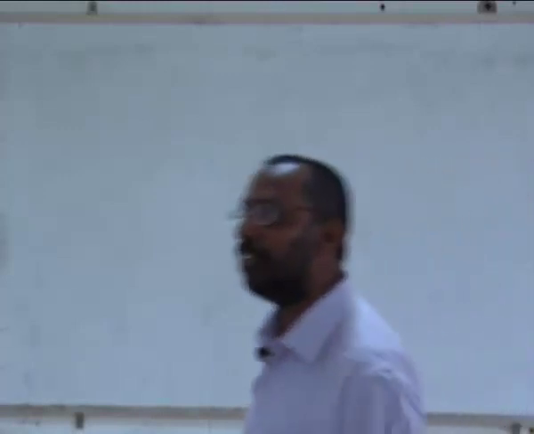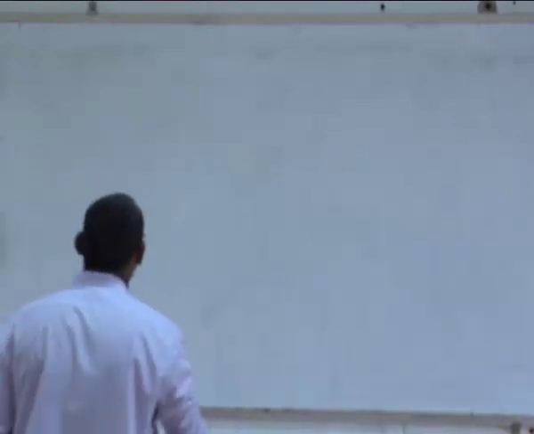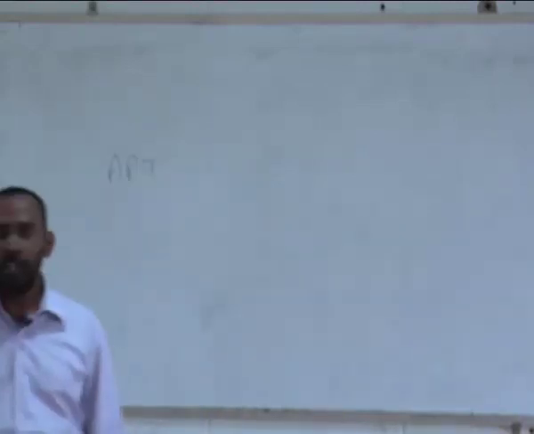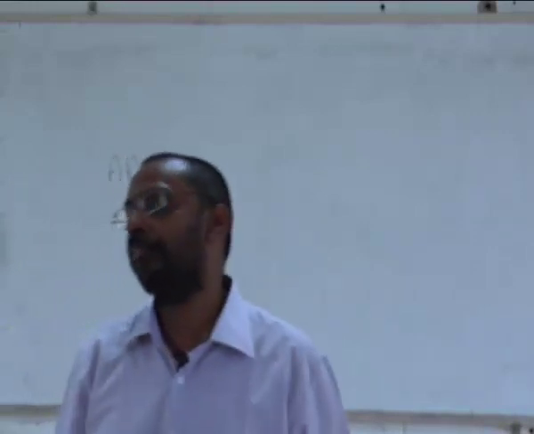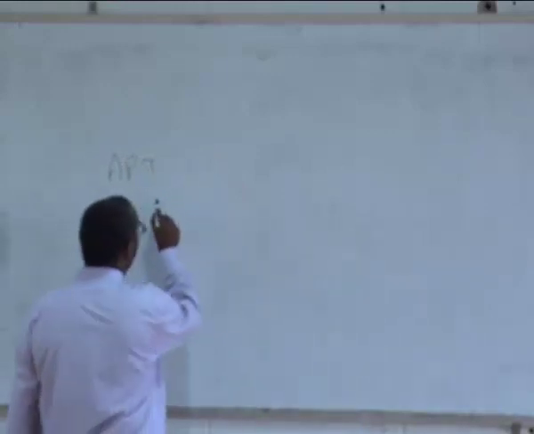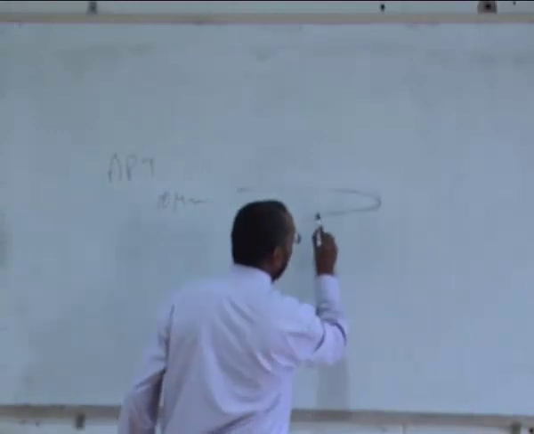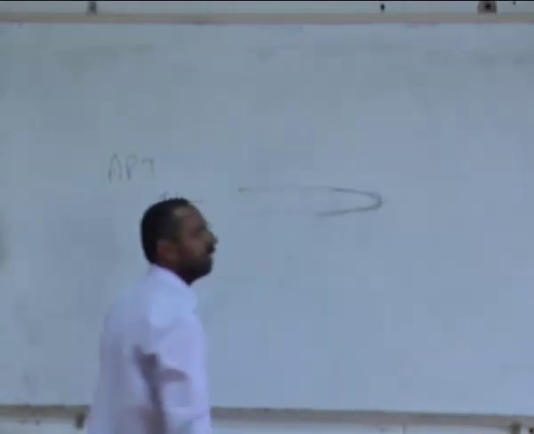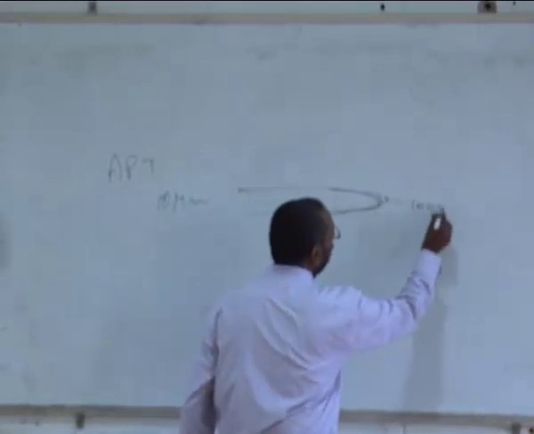I was there for 2 years, working on a new technique called atom probe tomography, where we make a sample in the form of a tapered needle with a diameter of about 10 microns, and the tip will have a diameter of the order of around 100 nanometers.